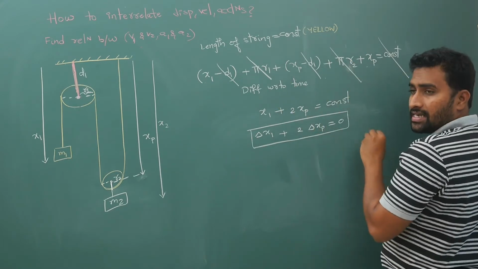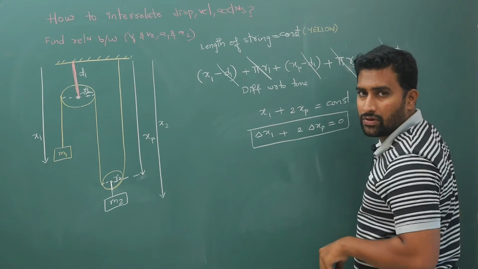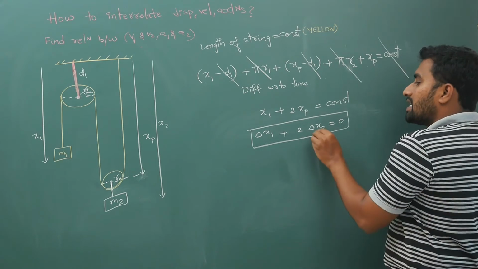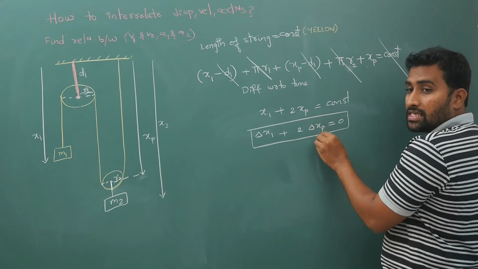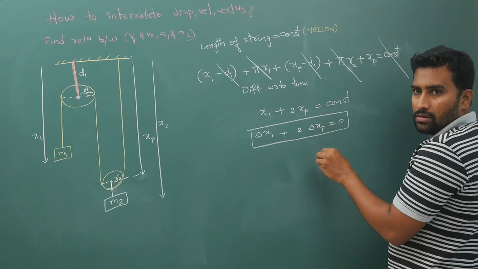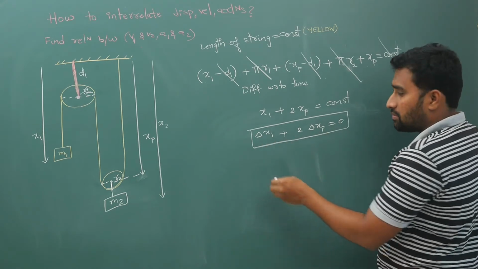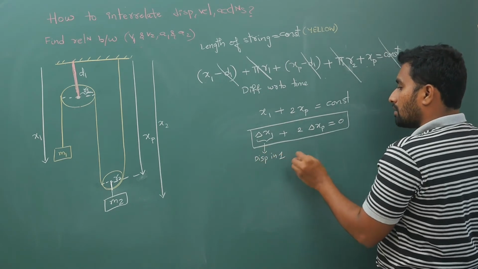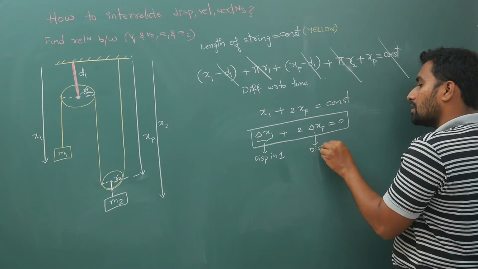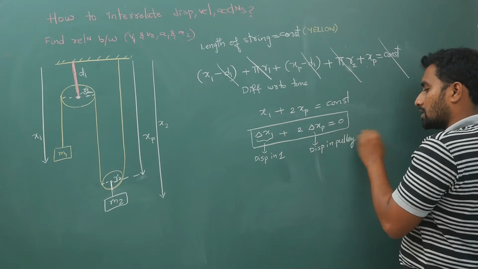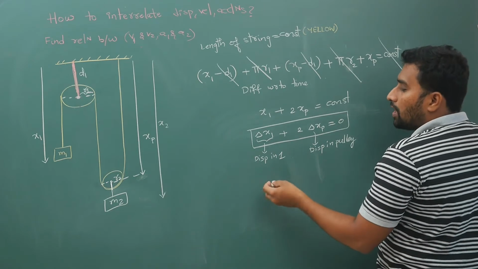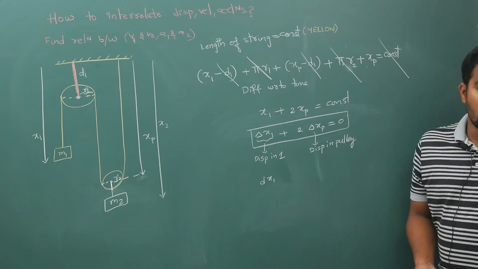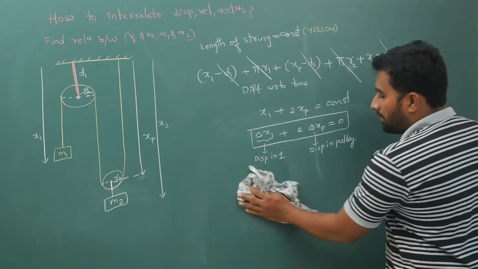Delta indicates change; this indicates displacement of block 1, this indicates displacement of the pulley, that is your choice. If you take small displacements, it is dx1 plus 2 times dxp. I don't need to elaborate this further.